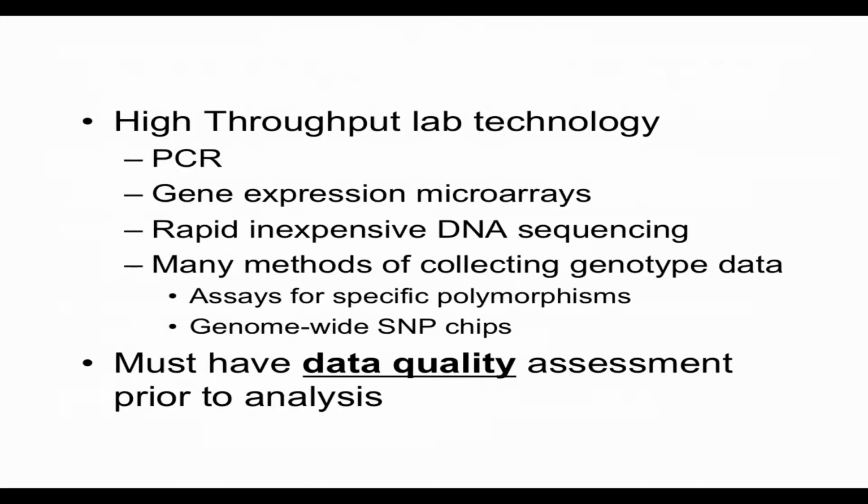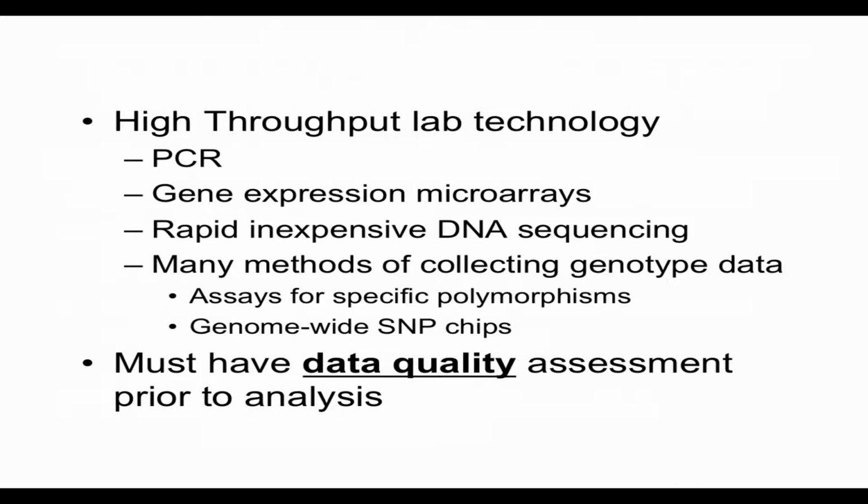High-throughput lab technology has greatly increased the data production from each investigator, each project. You've got multiplex PCRs, gene expression microarrays, rapid DNA sequencing, many other methods of collecting genotype data. And it's worth thinking about data quality assessment, although that's not the purpose of today's lecture.